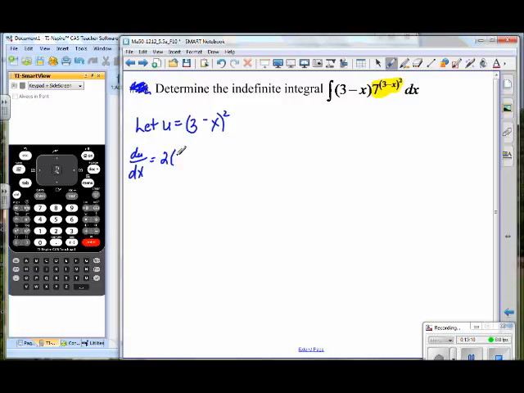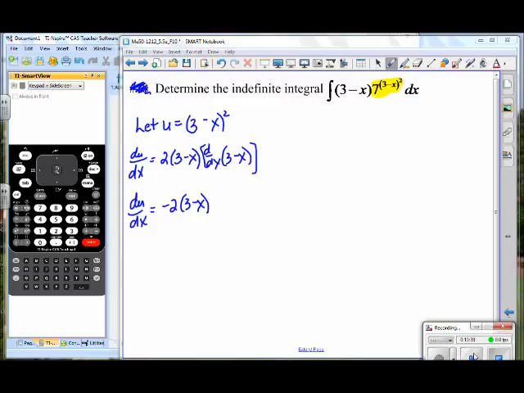We have 2 times the quantity 3 minus x, and then if we take the derivative of the inside with respect to x, we're going to end up with du dx as negative 2, the quantity 3 minus x. The negative comes from the derivative here. Next up, like we have been, du would be negative 2, the quantity 3 minus x dx.